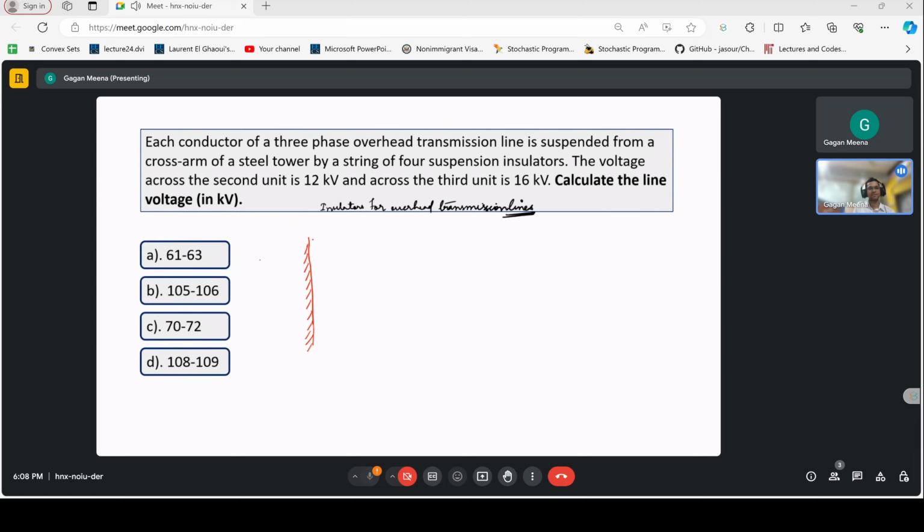Between each insulator we have the insulator pin. So these are the string insulators.